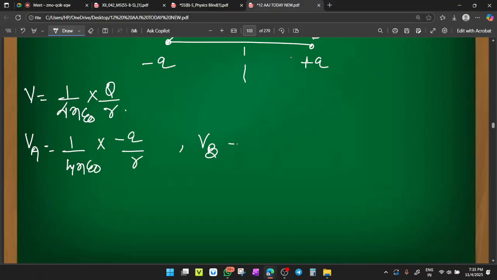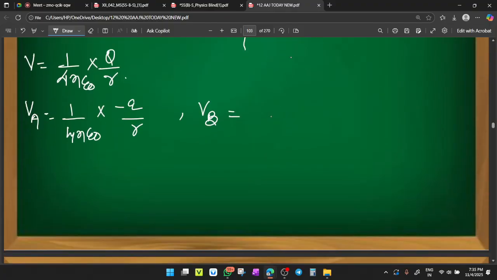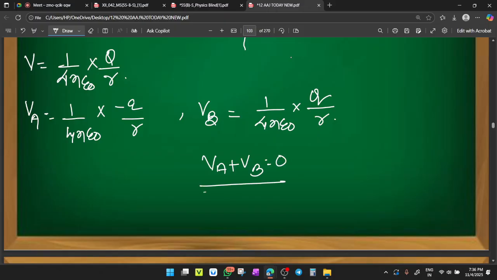And for the charge at B, V equals 1 by 4 pi epsilon naught capital Q upon R. Clearly VA and VB are equal and opposite, so they will give a result of 0.